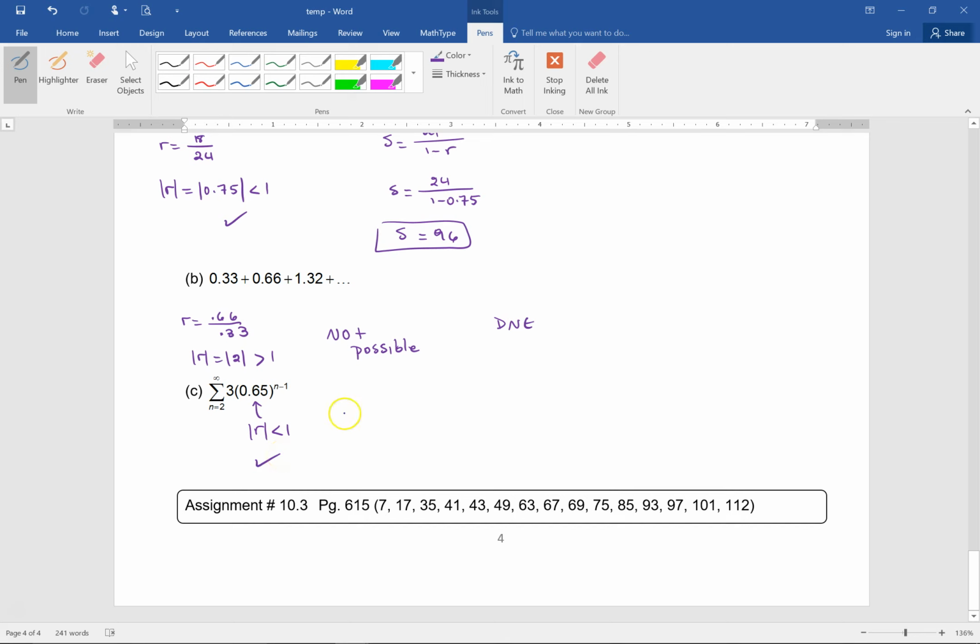For s, we need a1. What's a1? It's 3 times 0.65 to the 2 minus 1. That's the first number here, so this is equal to 1.95. And s is 1.95 over 1 minus 0.65. So s is 39 over 7.